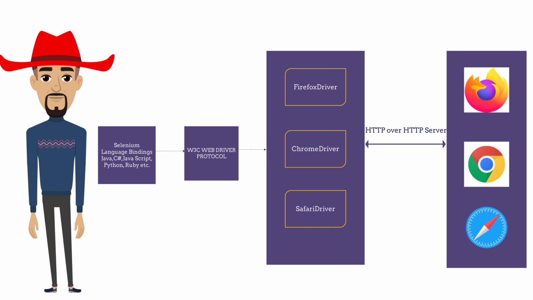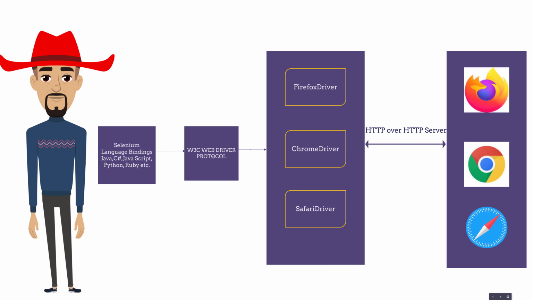What the Selenium client library does is, whenever you run a command, let's say you have written the command WebDriver driver equal to new ChromeDriver, this command gets converted into JSON format, and an API call is made. This is the responsibility of your WebDriver protocol.